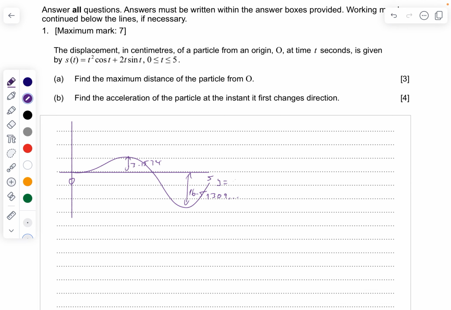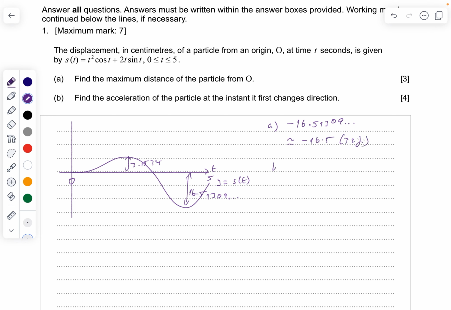This is y equals s of t, and this is t. So I've marked what I've done. So part A, maximum displacement is negative 16.51309..., which is approximately equal to negative 16.5 to 3 significant figures.